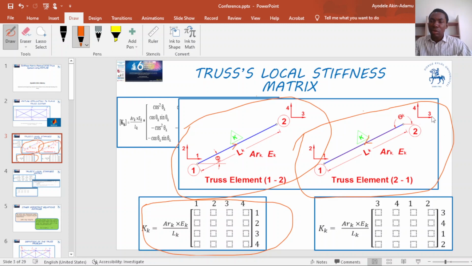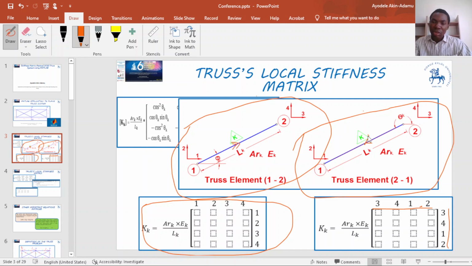You always take the horizontal numbering first before the vertical numbering: 3, 4, 1, 2. Anyhow you define this member, both are correct. But it's important that you stick to a notation.